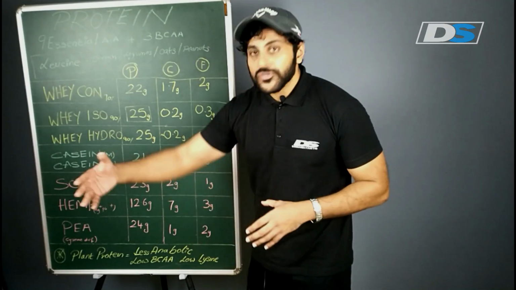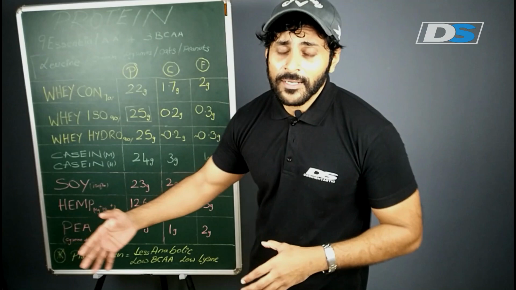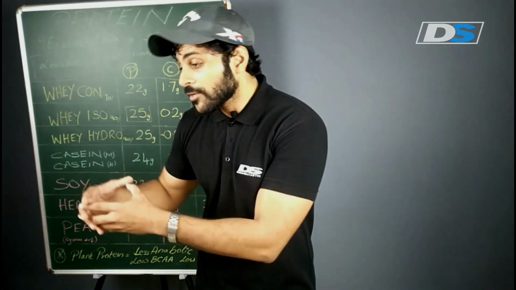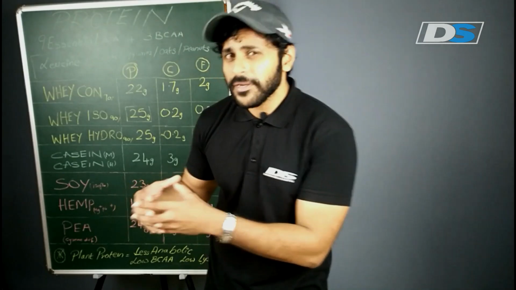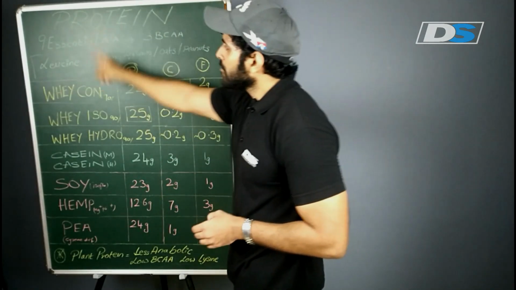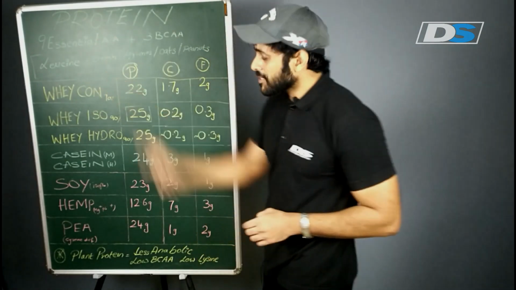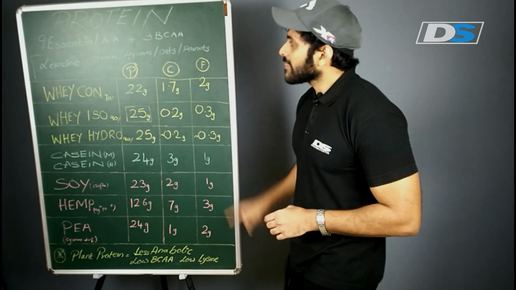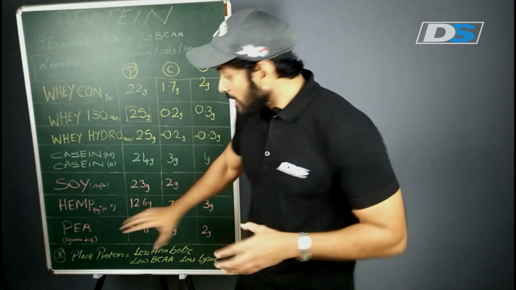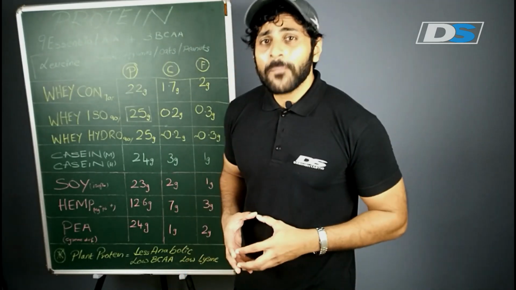The big discussion between animal protein and plant protein is the next one. Why animal protein and why plant protein, and why not plant protein? The real problem and the real difference comes with something called leucine. This leucine is an amino acid, and it is deficient in plant sources. And that is why, when you take enough protein of plant, even then you don't see the bulking up of muscles.